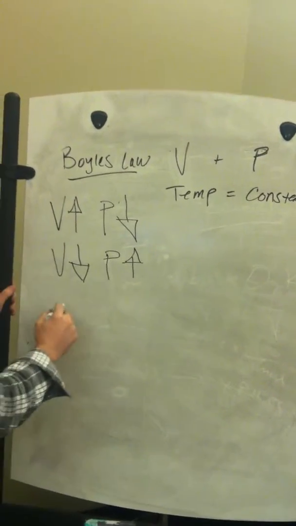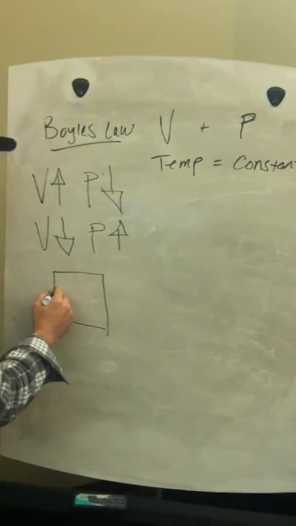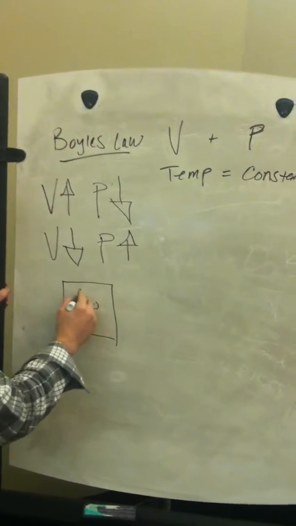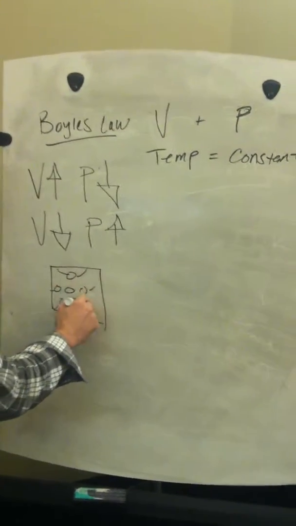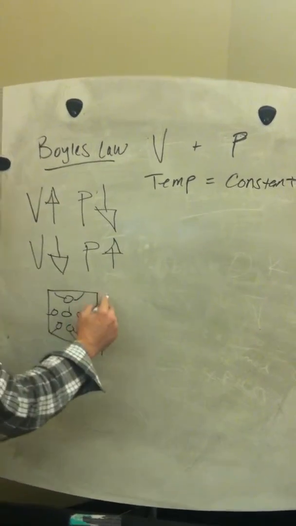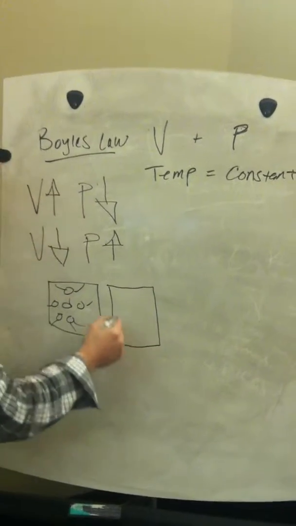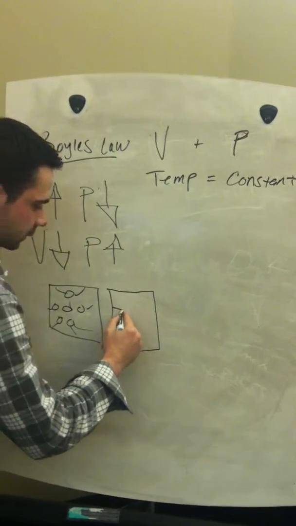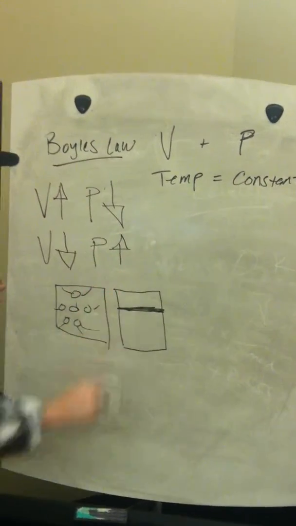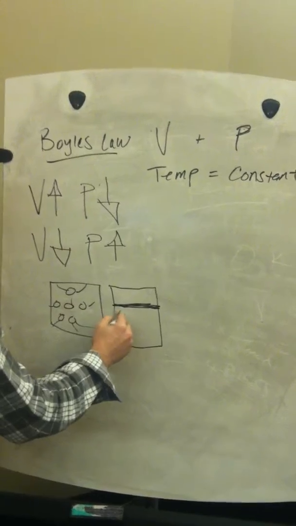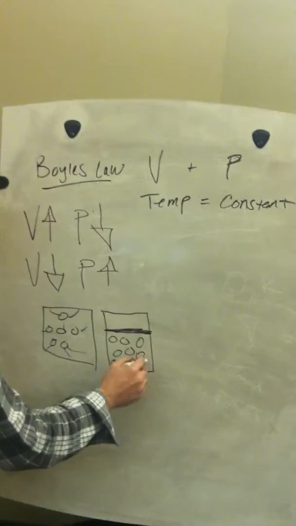Pressure is caused by molecules smashing up against the walls of the container. So say we have a container with some gas molecules in here, and they're hitting the sides and causing pressure. If that container was pushed down by some force, maybe like a syringe with the plunger pushing down, the number of molecules stays constant.